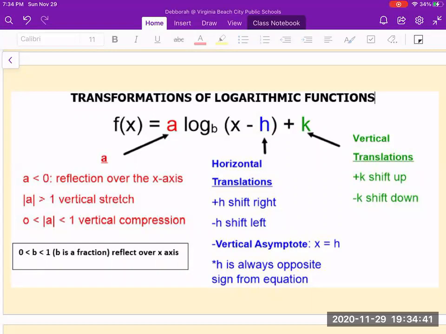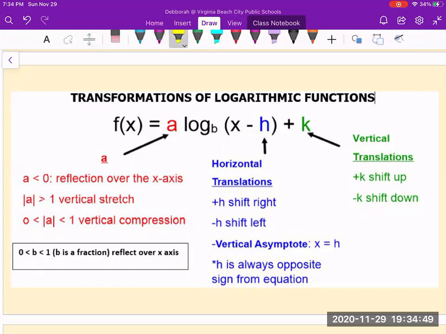H still determines our horizontal translations, and in this particular case, h will also determine our vertical asymptote, which is at x equals h. And do not forget that h is always the opposite sign from the equation. Our vertical translations are still controlled by k. If it's positive, it goes up, and negative, it goes down.